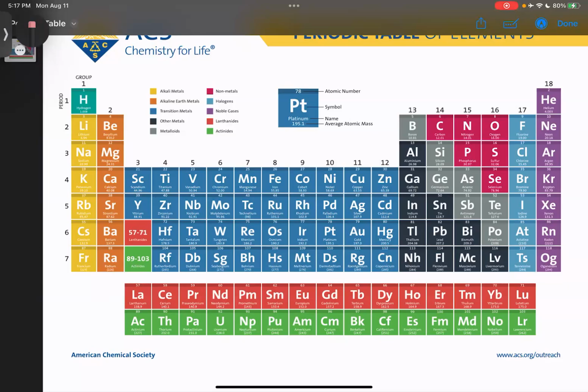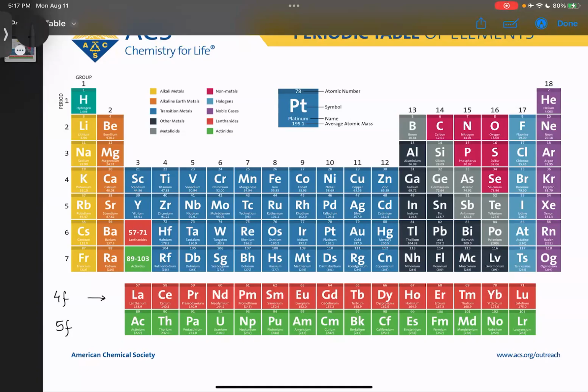So this is called 4F, the 4F series elements, because with each subsequent element, the 4F subshell is being filled, and this is 5F. The first element is lanthanum, which is a D block element.